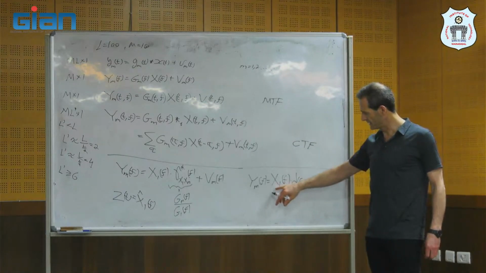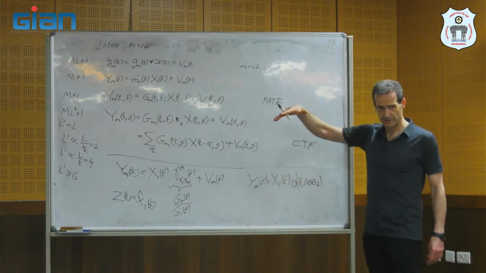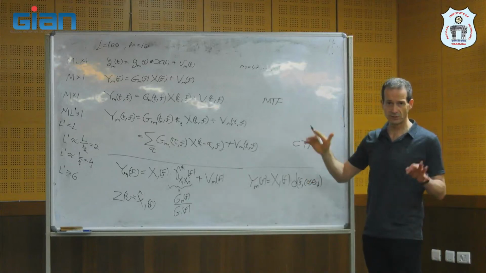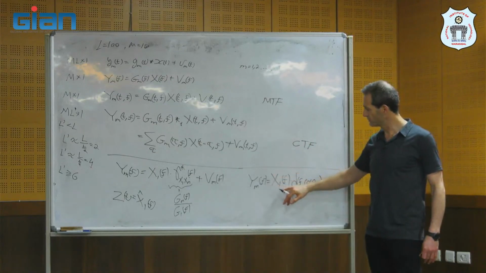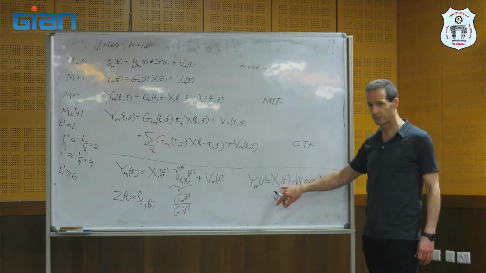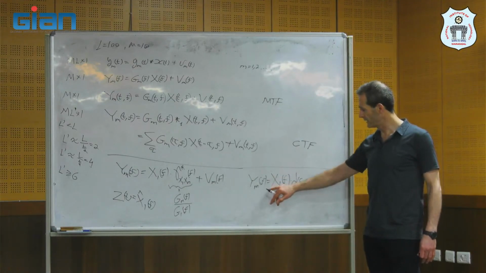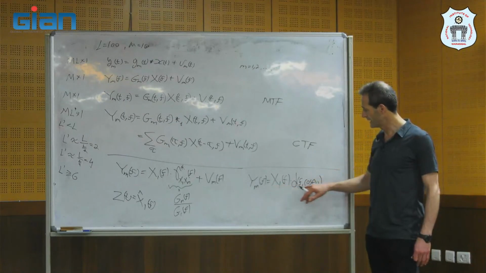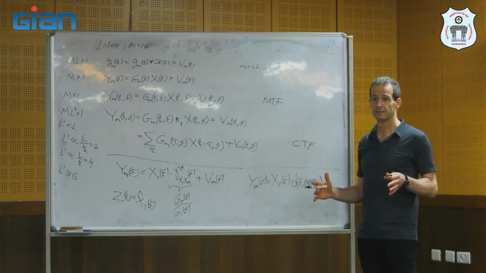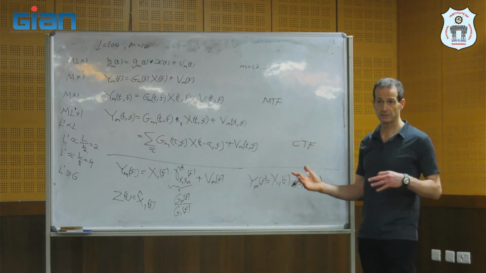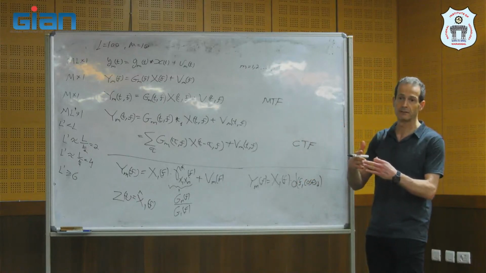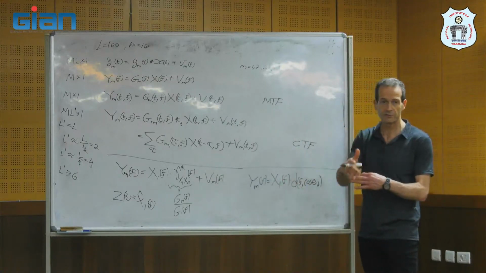If you have a source that propagates and hits a sensor array, the desired signal in sensor number m will be just a delay, either plus or minus, depending on whether it hits that m-th sensor before or after.